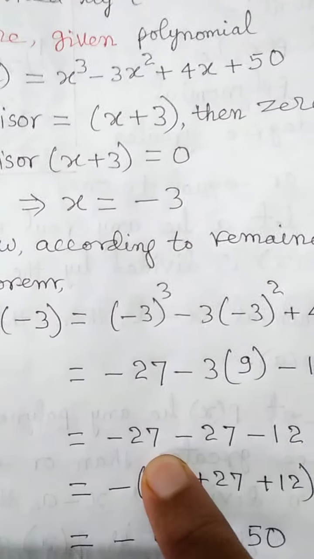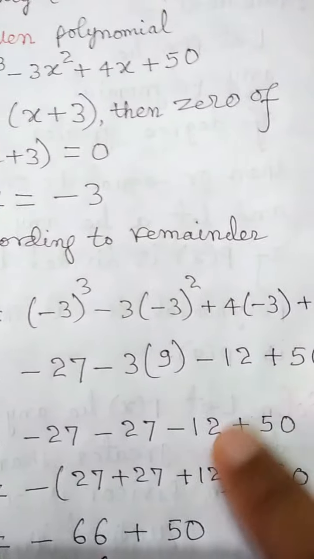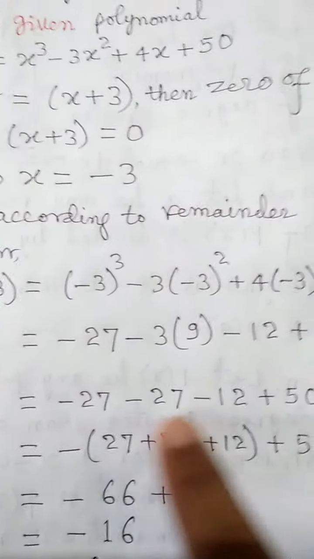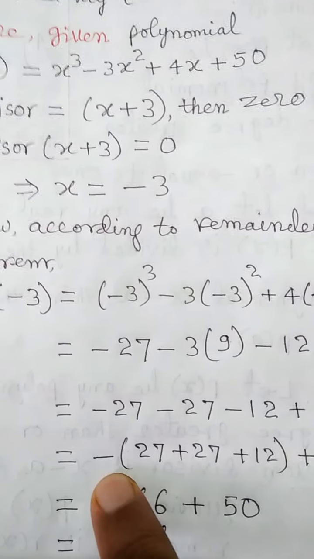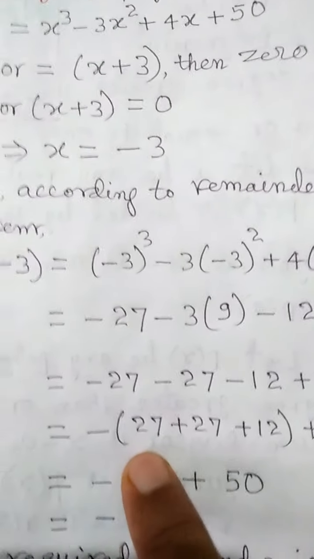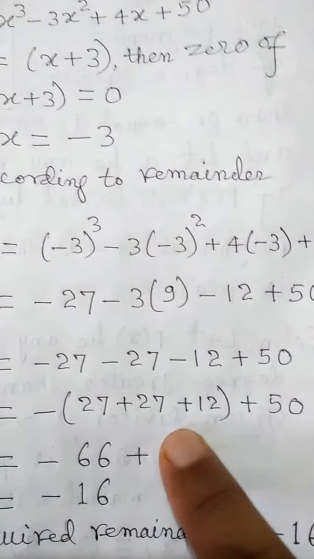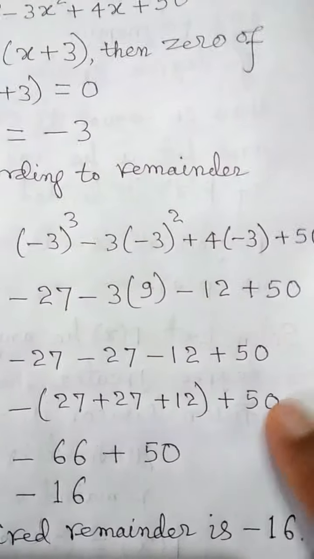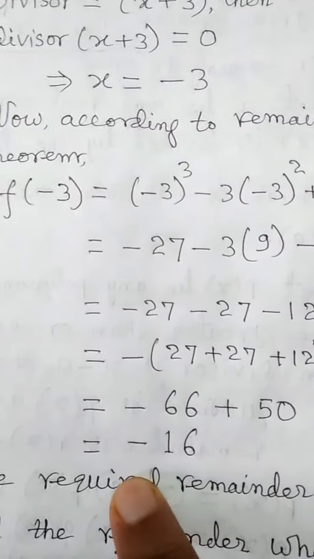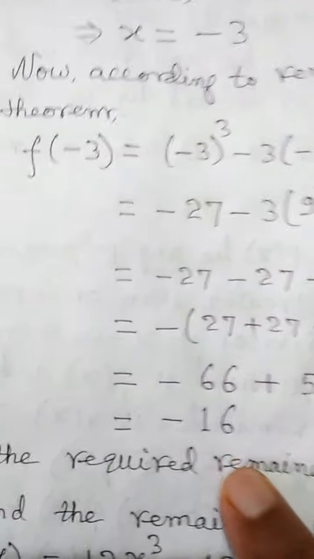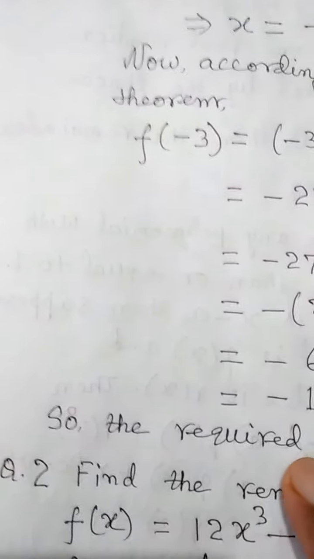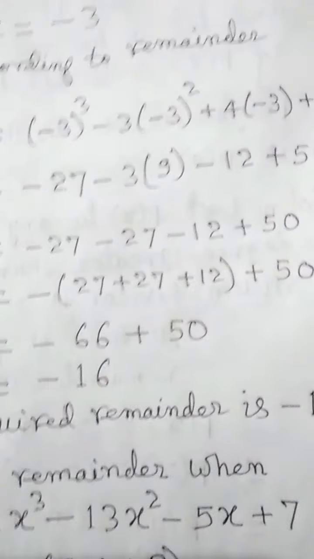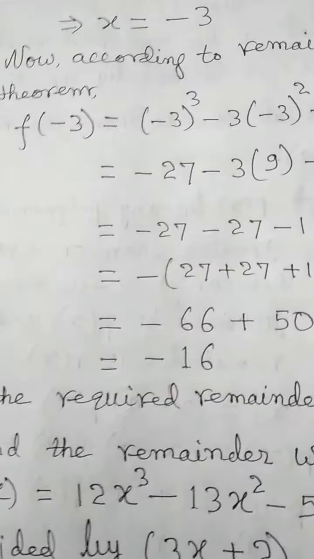That is minus 27 minus 27 minus 12 plus 50. All these terms are negative, so I have taken minus common: minus (27 plus 27 plus 12), which gives minus 66, plus 50, giving us minus 16. So the required remainder is obtained, that is minus 16.